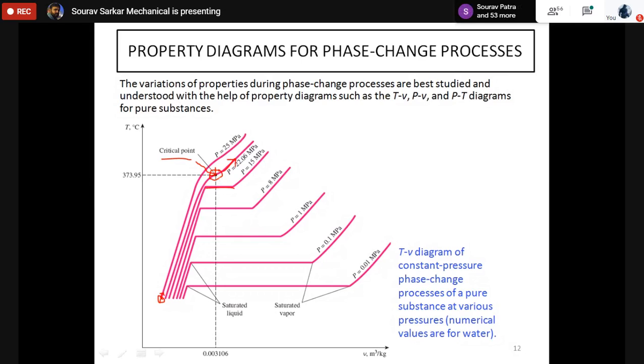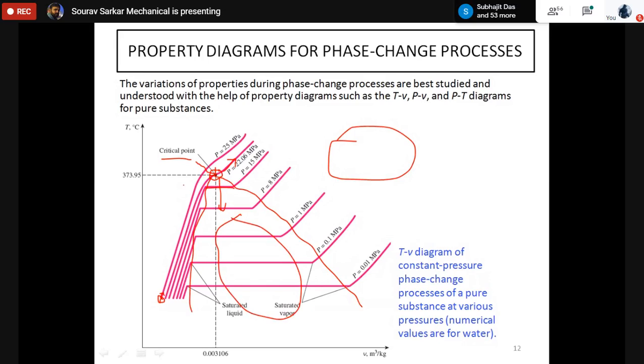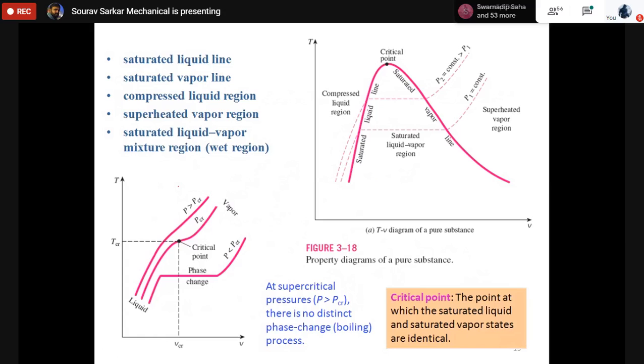But below that point everywhere there is a horizontal line, and this part is saturated vapor, this part is the two-phase zone, and this part is the compressed liquid. So if I join these points, I will get this diagram.